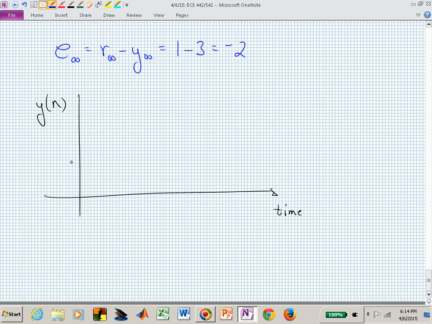Maybe you wanted to go to 1. This is R. Where did you go? You went to 3, so that now your error is right there.